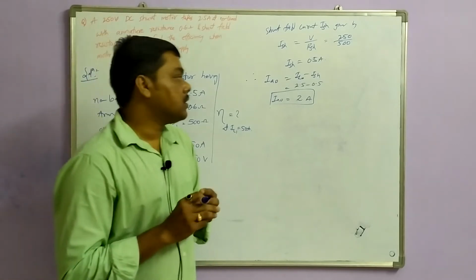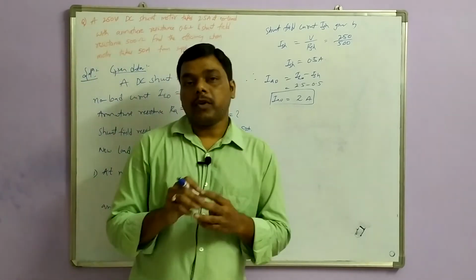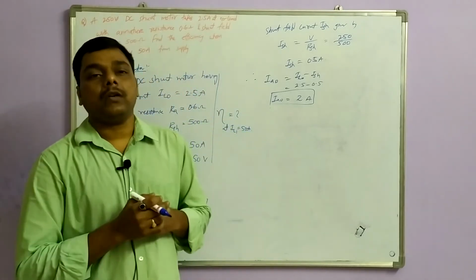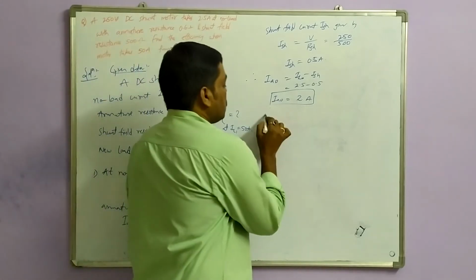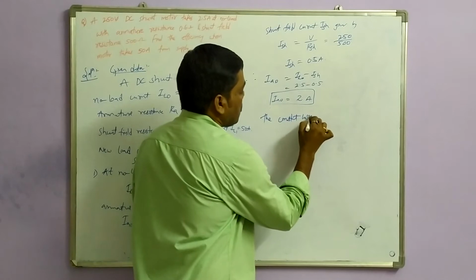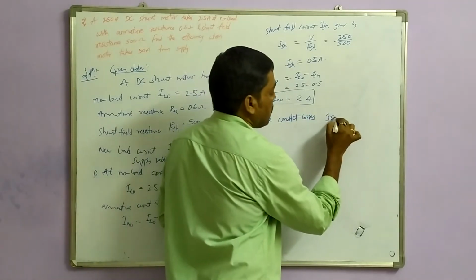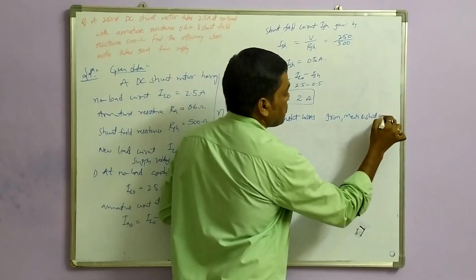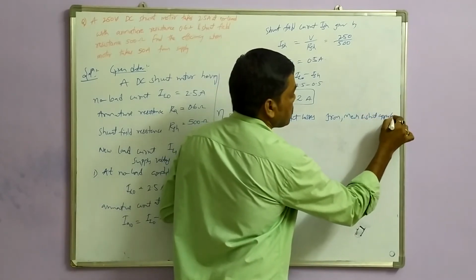If we deduct the armature losses from the input, we get the remaining losses.